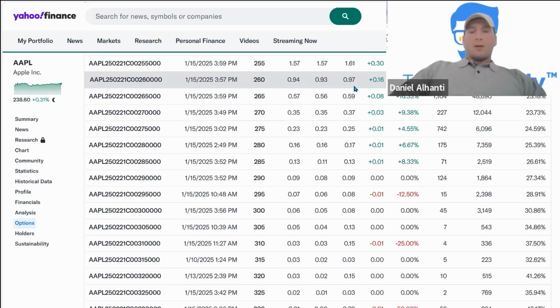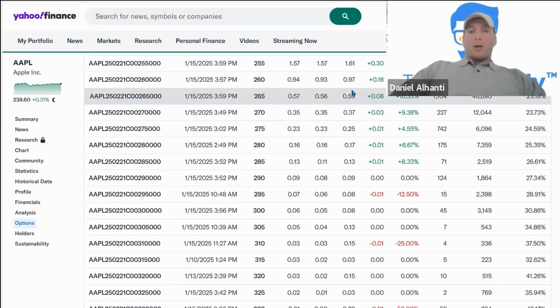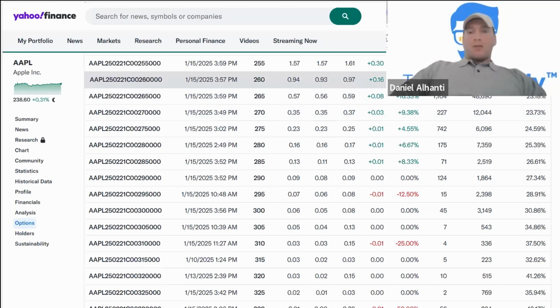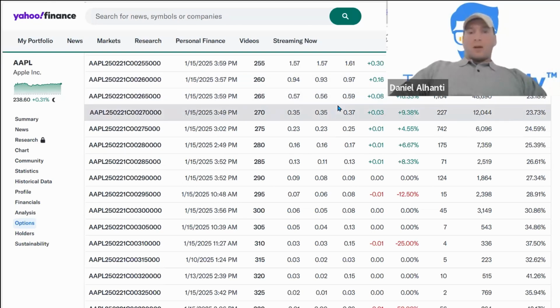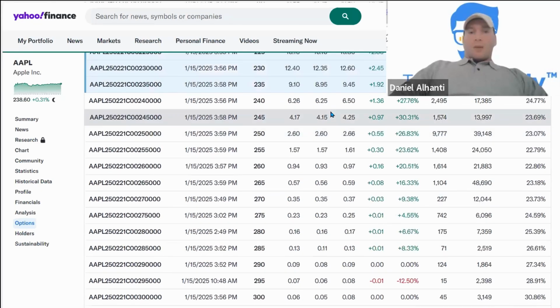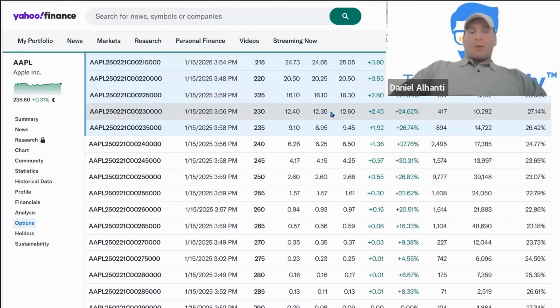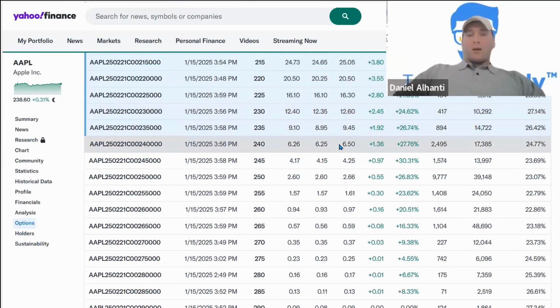So Apple, for some reason, has always been affordable given the amount of time, and they always have plenty of open interest and volume. So if you're stuck on what to play, Apple is always a really, really good one. And once it starts to move up, you can start to buy a call and close it out, buy another one, close it out. So again, just a quick little blurb on option pricing and what options are.